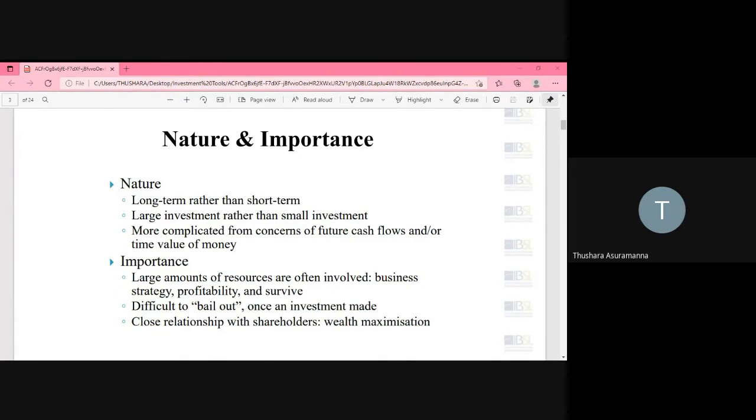Then time value of money also important. Later we will understand very much in detail, where in a nutshell, in brief, the value of the money is going to be changed over time. Maybe having 100 rupees today, you can do X number of activities, but after 1 year, having the same 100, you cannot do the same number of activities in terms of meeting cost.